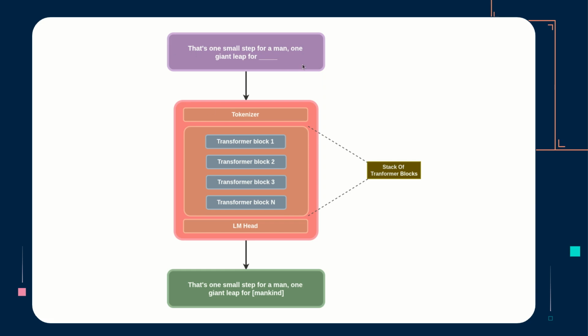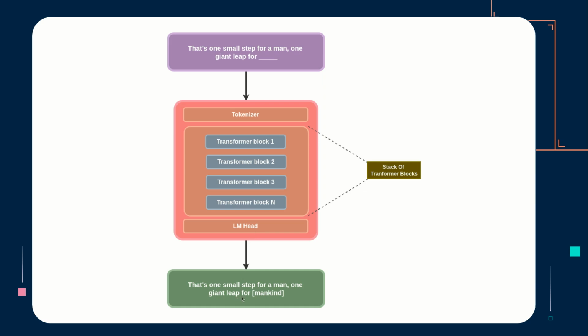That's one small step for a man, one giant leap for, and then it goes into our LLM, which has a tokenizer and a bunch of transformers. That's why we call it a Transformer LLM. Mostly this series will focus on understanding what really goes on in these transformers, because that's the juice of it. That's the main thing. And then you have the LLM head, which is a bunch of neural networks.